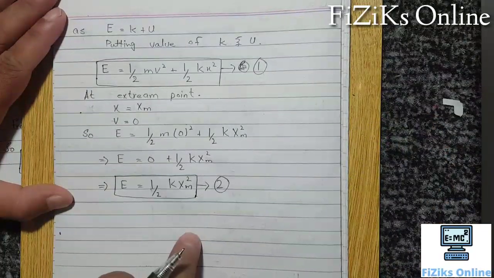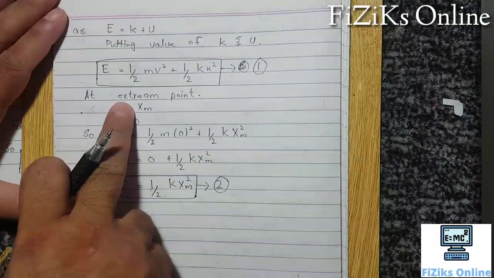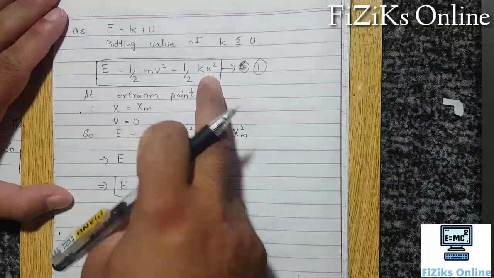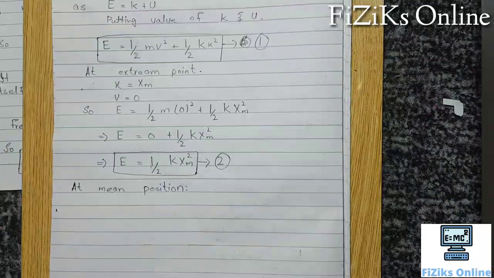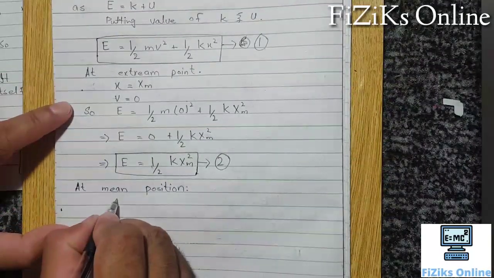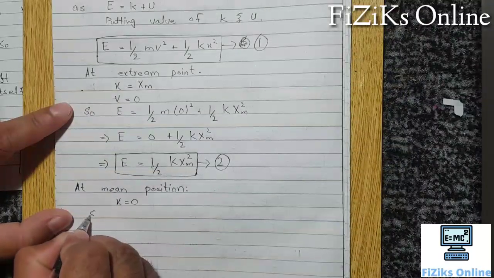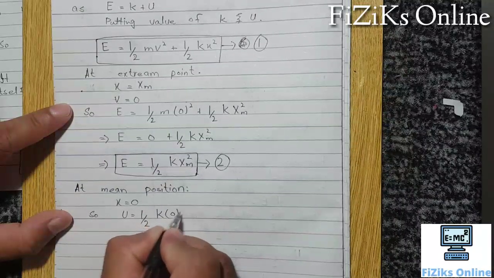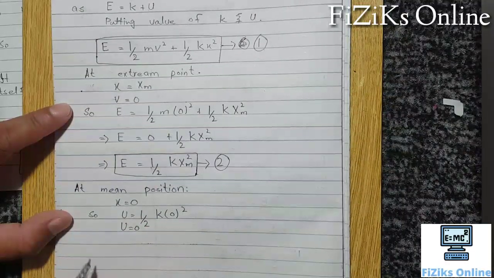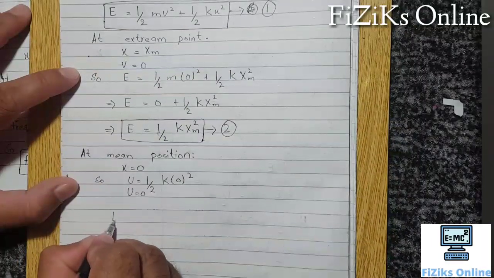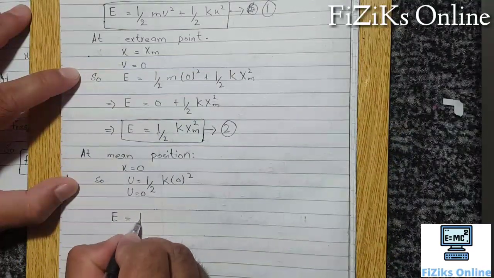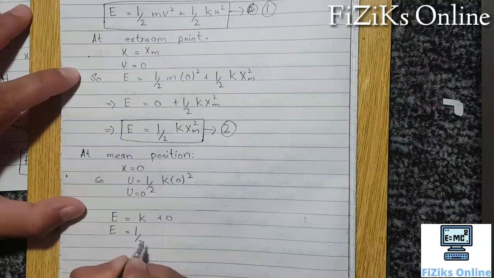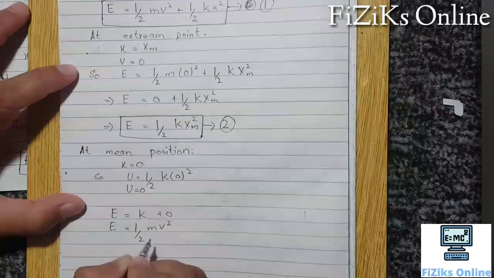Similarly, we can derive it for the mean position, where v is maximum and x is 0. At the mean position x equals 0, so U equals half k into 0 square, U equals 0. E equals K plus 0, E equals half m v square.